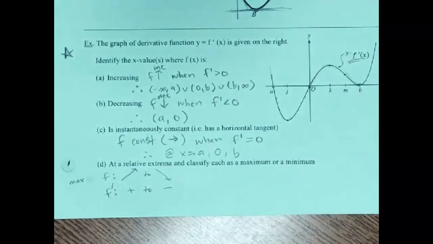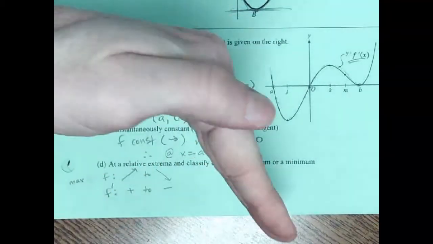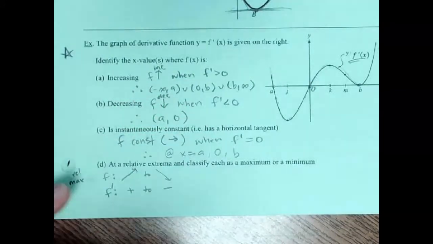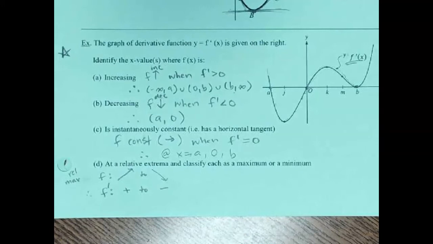If your slopes change from positive, going up, to negative, going down, then that instant, when it changes, is going to produce a relative maximum. Right? So you're going to have a relative maximum when your function changes from increasing to decreasing. That means, therefore, your derivative changes from positive to negative.